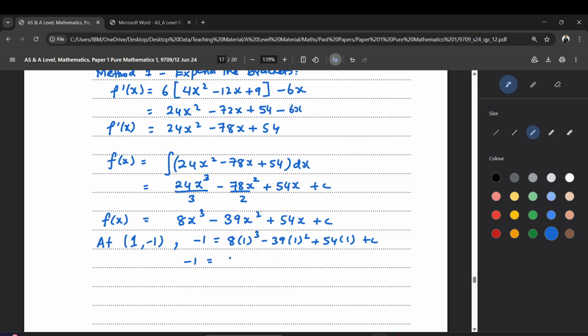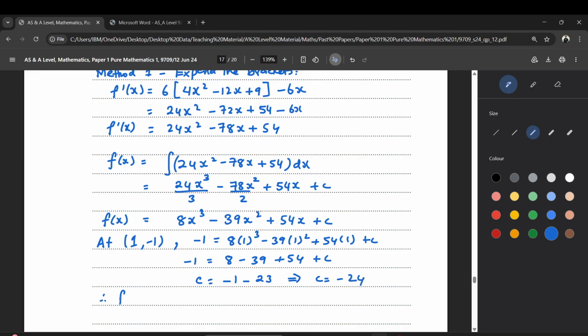So minus 1 is equal to 8 minus 39 plus 54 plus c. So c is equal to, now what is 8 minus 39 plus 54? That is 23. So when this 23 goes to the other side, it becomes minus 23. So therefore c is equal to minus 24.